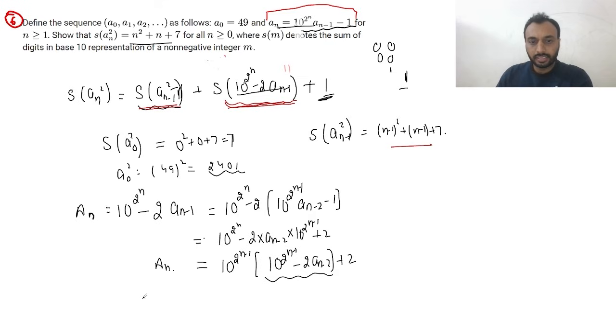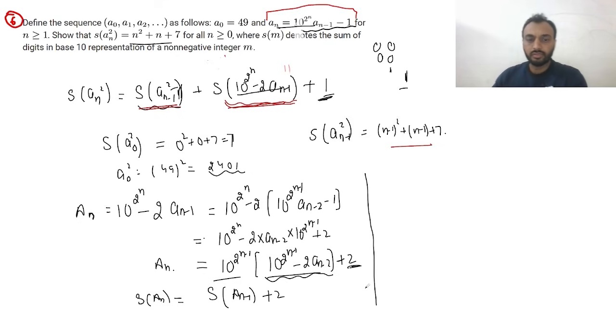right? Or I can say that the sum of digits of A_n, because this is zeros times this number, plus 2, is the sum of digits of A_{n-1} plus 2. So we can see S(A_n) is an AP with common difference 2.